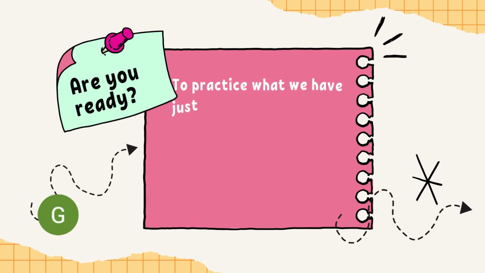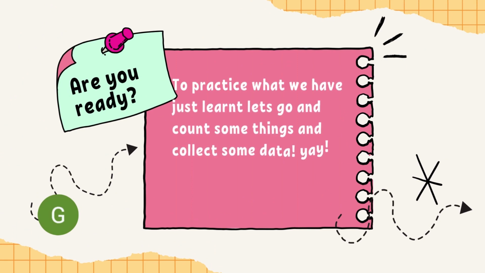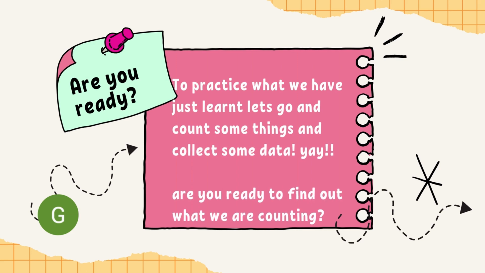All right, year ones, who's ready to do some practicing of the things that we've just learned? Okay, ready? All right, to begin, we're going to practice something that we've just learned about and count some things and collect some data. Are you ready to find out what we're collecting and what we're counting?